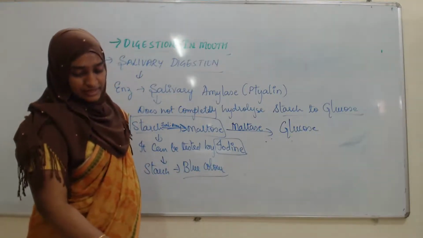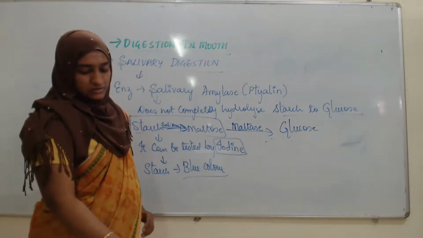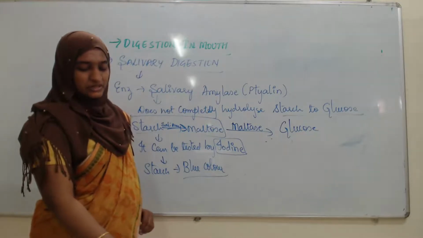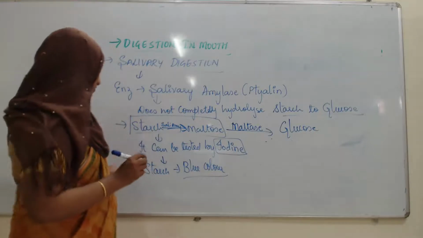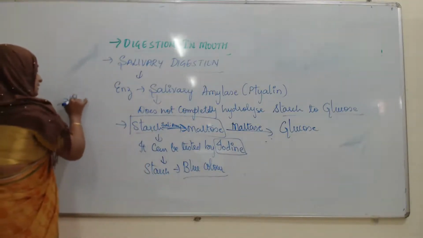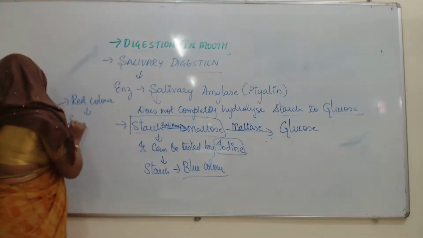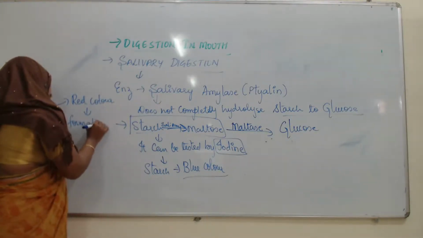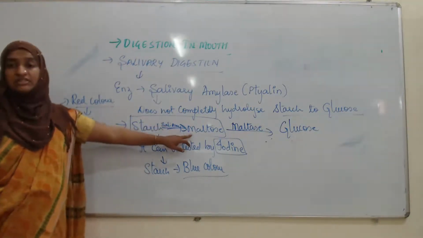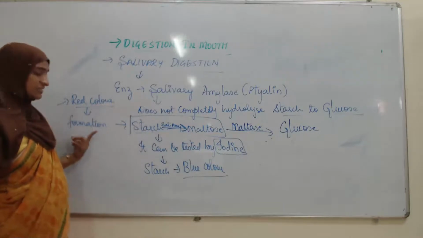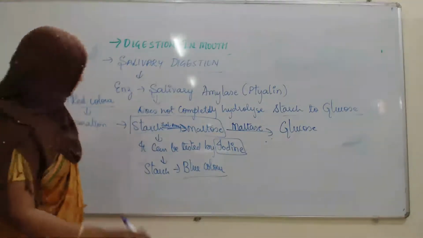The next thing: as starch hydrolyzes, the mixture gives a red color with iodine due to the formation of erythrodextrin. If it is giving blue color, it means the starch is still present. If it is giving red color, it means there is a formation of erythrodextrin.